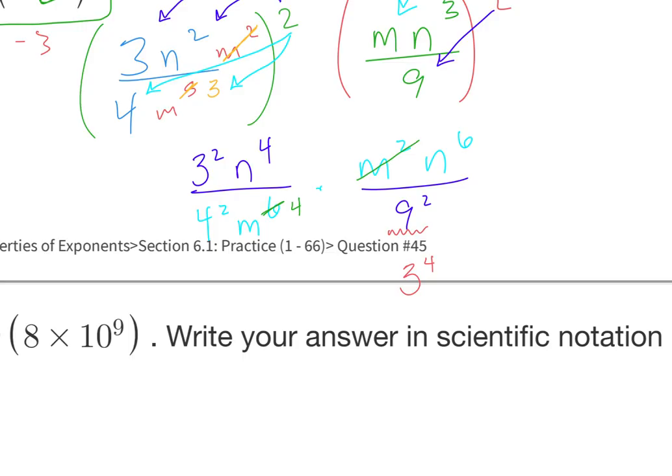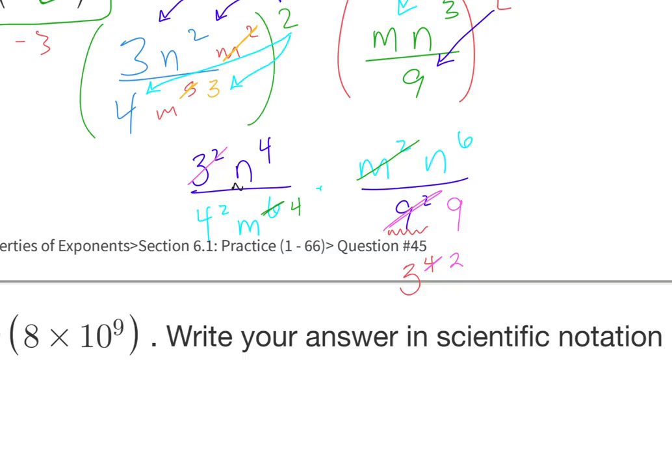The reason I'm doing that is because I could cancel like this. I could say, that's completely gone, leaving me with 3 squared on the bottom. So I'm just going to write this. 3 squared is 9, right? Okay. Let's write what we have left.